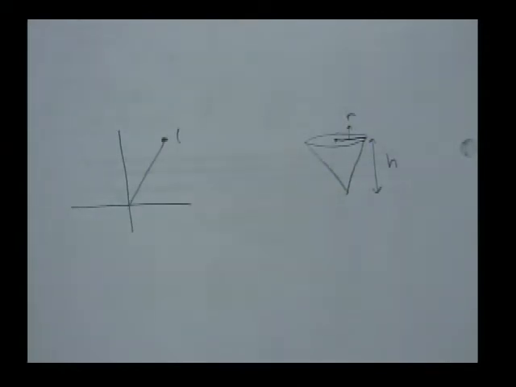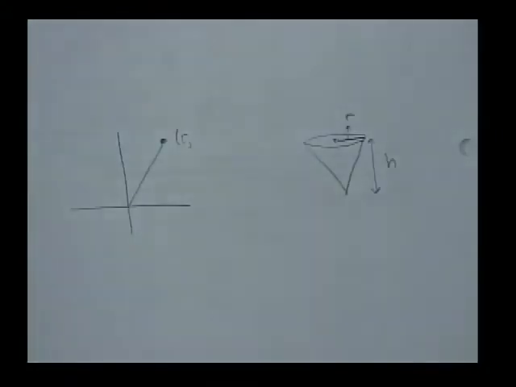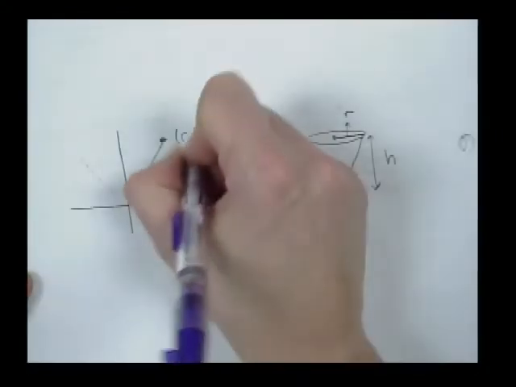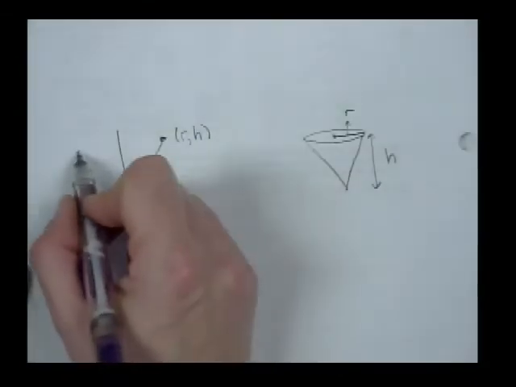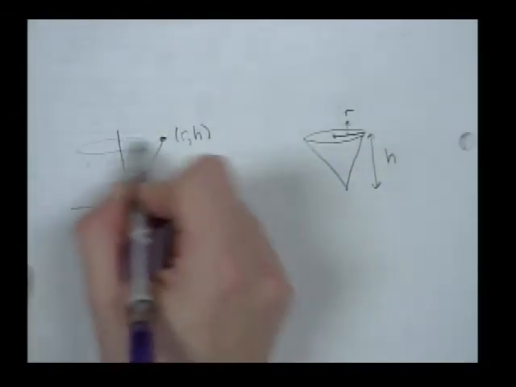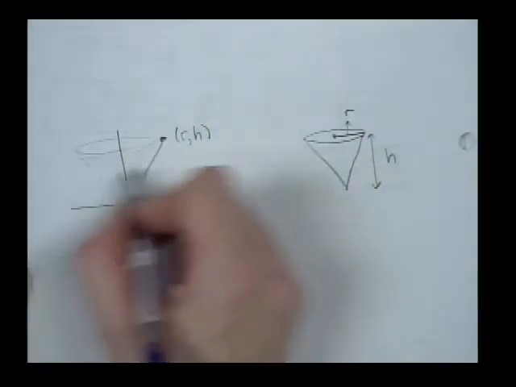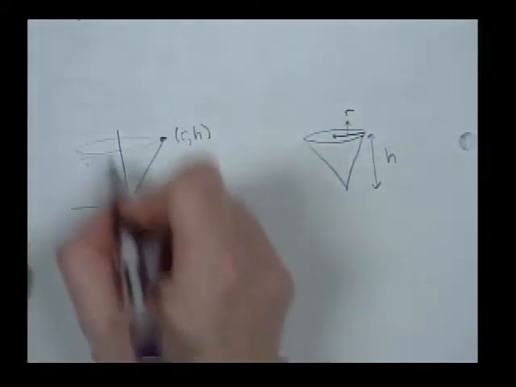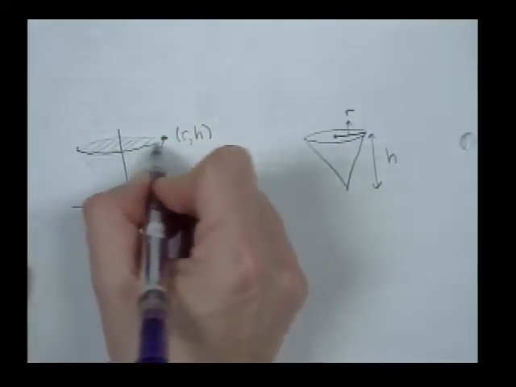I'm not looking for a number here. R, right? And what would the y-coordinate be? H. And so we want to revolve that around the y-axis to generate a solid. And then we want to find the volume of that solid.